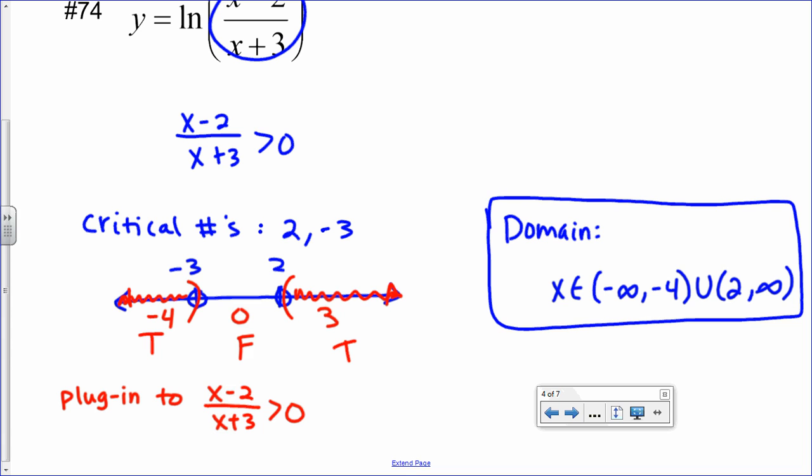If you sketched the graph of the parabola on the last one and did the part that was above, you can still do that same thing with this one. It's just harder to sketch a graph of a rational function than it is to sketch the graph of a quadratic. So that's why I like to just do the number line test the numbers. Okay?